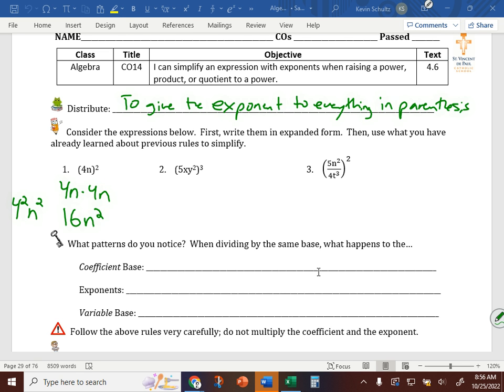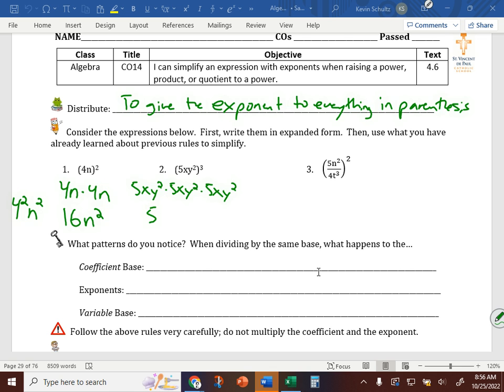5xy squared. So in expanded form, we are multiplying 5xy squared times another 5xy squared times another 5xy squared. Okay? Because that whole thing is in parentheses, we are cubing that entire term. 5xy squared times itself 3 times. Now, how many 5s do we have all being multiplied together? 3 of them, right? 5, 5, and 5.